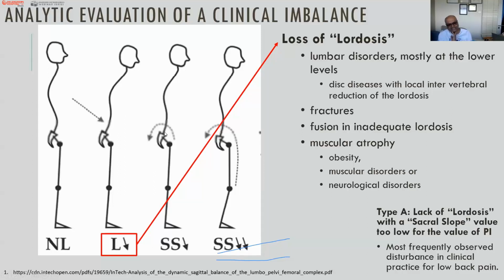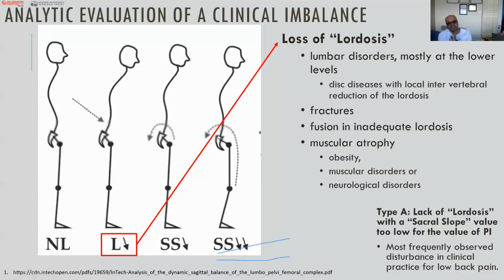They will verticalize their sacrum, so the pelvic tilt reduces. Pelvic incidence, as I said, never changes. And so if the pelvic tilt reduces, or the pelvic inclination increases, the sacral slope will reduce.